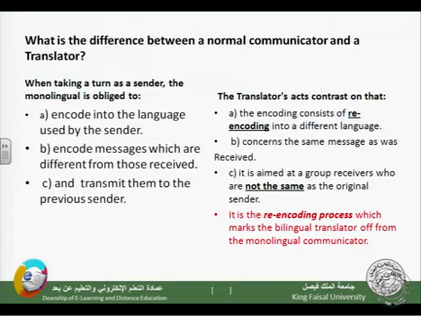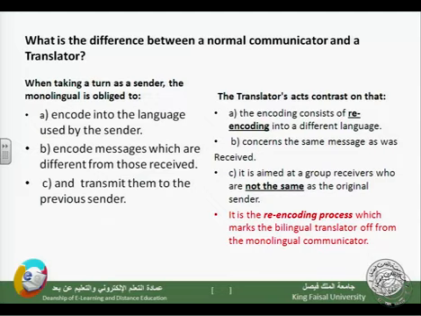Now, as you can see, the differences between a normal communicator and a translator are as follows. A monolingual encodes into the language used by the sender. It means somebody is talking to you, you need to use the same language the sender is using.